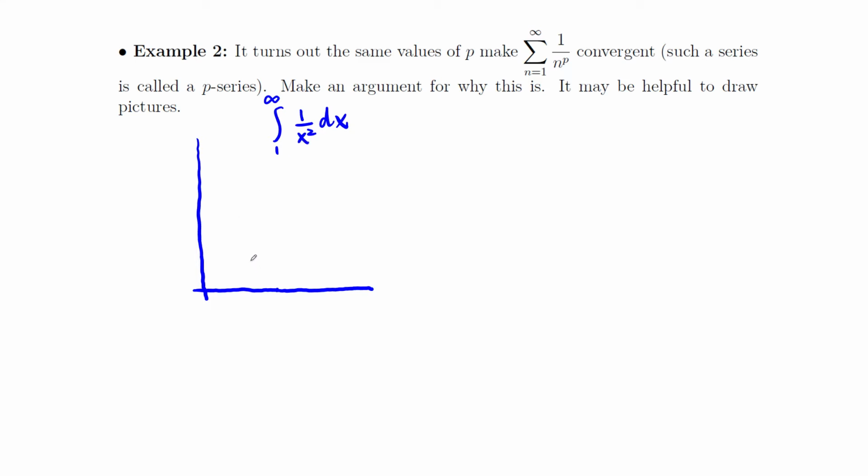All right, so what I'm going to do here is I'm going to make a couple of notches. So here's 1, 2, 3, 4. That's probably good enough. And then I'm going to let 1 be actually way up here. Okay, so I know when I put 1 in for x, y is 1.